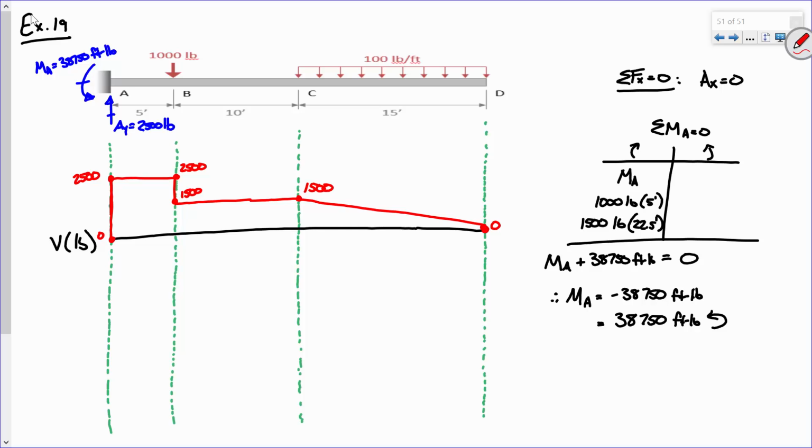All right. Now, just like last time, compute areas. Let's handle this like that, like that. What's the area of this first rectangle, right here? 5 times 2,500, and that's positive.